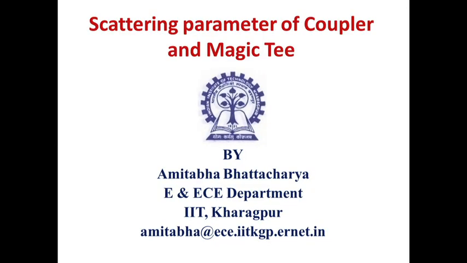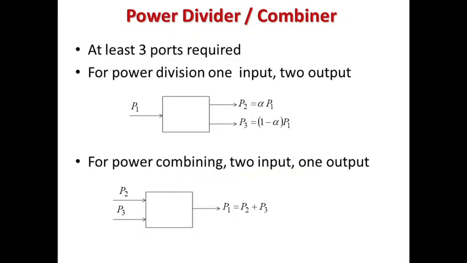Any object at a large distance, which the eye cannot see, radar can still see. So, it is one of the fundamental parts of radar. That is why we will see the scattering parameter based description of coupler and magic T.